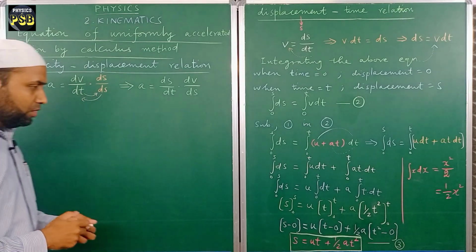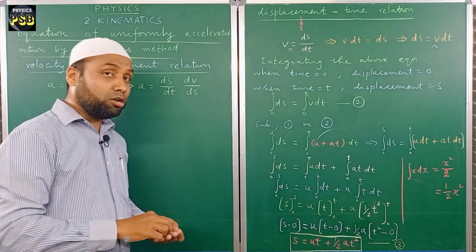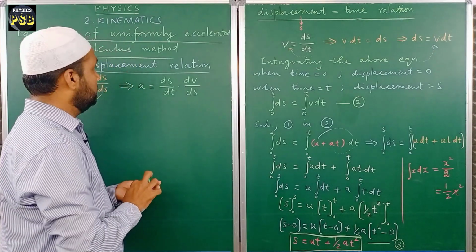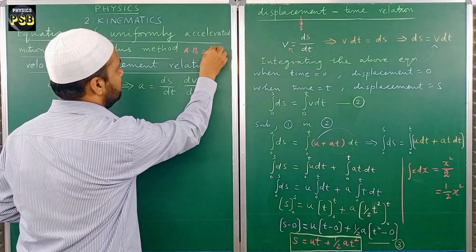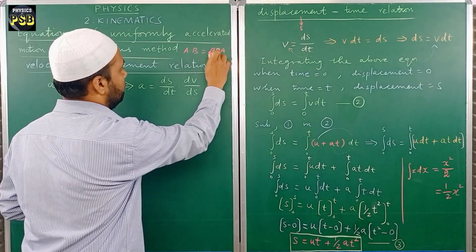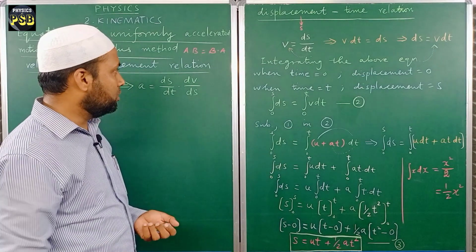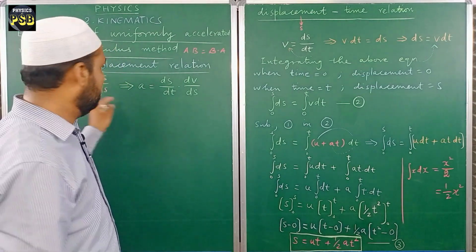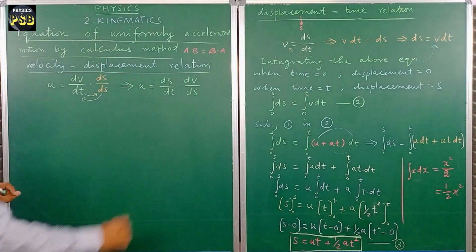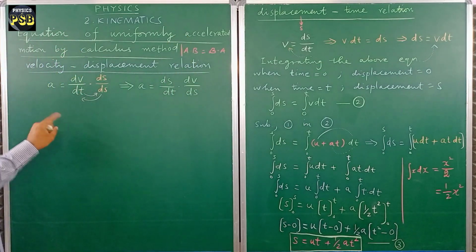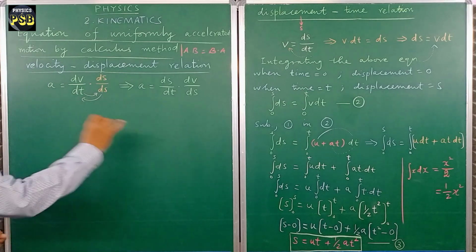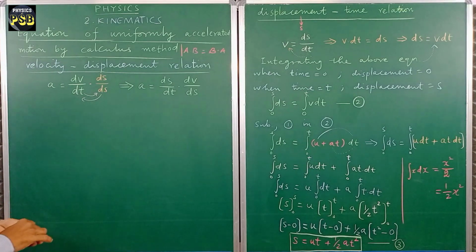Now we know very well in a dot product, a dot b equals b dot a. Both are the same. The same thing I have done here, so it is not making any difference here.